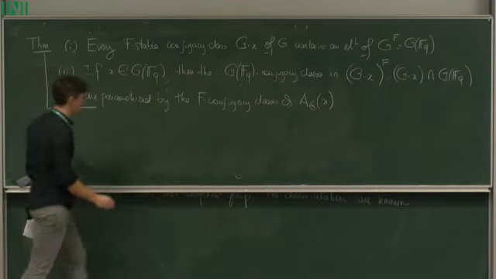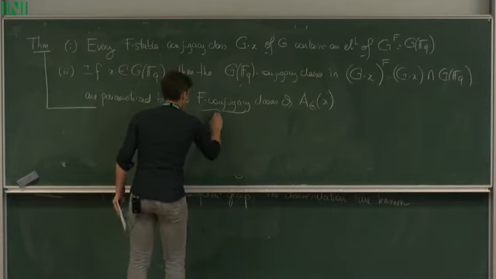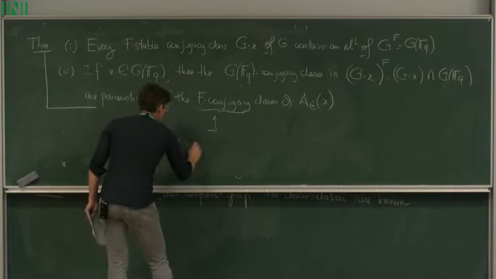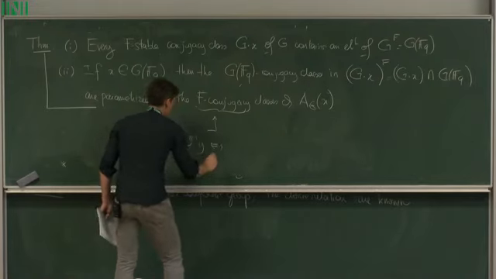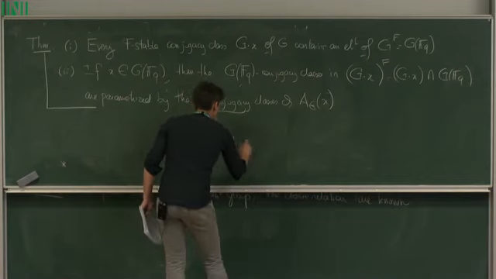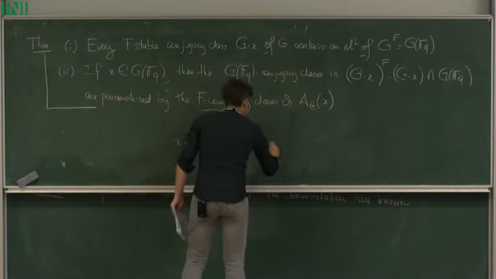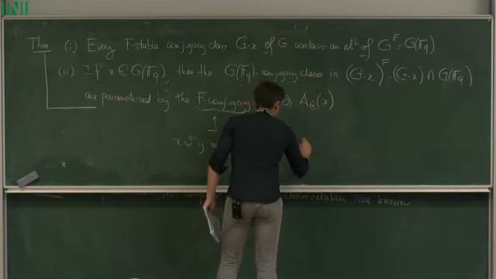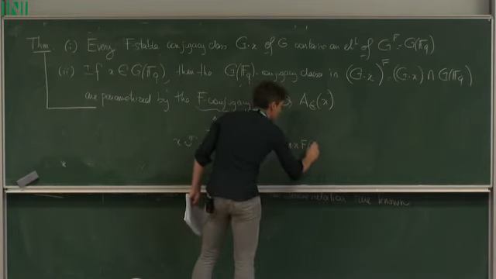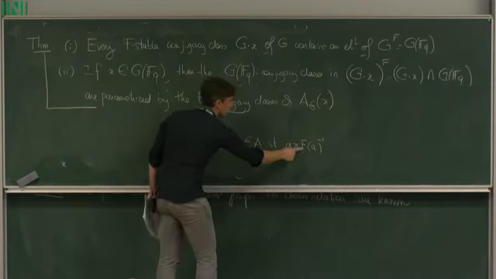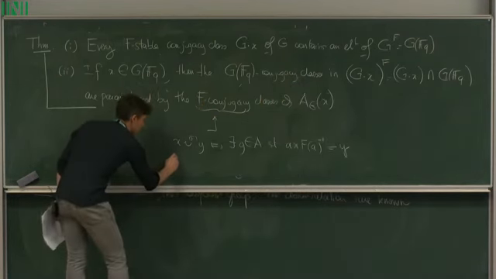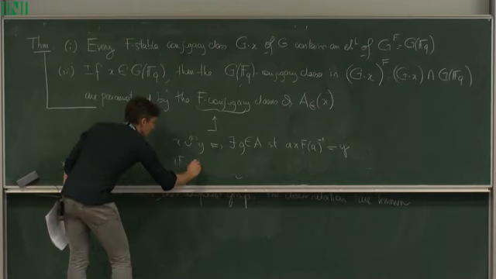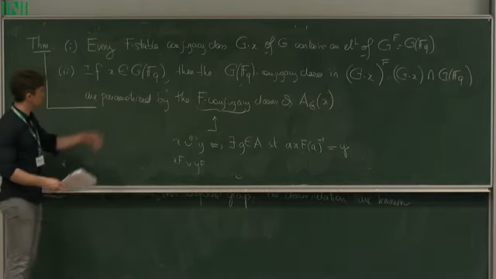By F-conjugacy, I mean that x is F-conjugate to y if and only if there exists a in my group A such that a x F(a)^{-1}, not the inverse of a, but the inverse evaluated at the Frobenius, equals y. It's the same as saying that in the coset xF and yF are conjugate. So you need to take into account the action of the Frobenius.